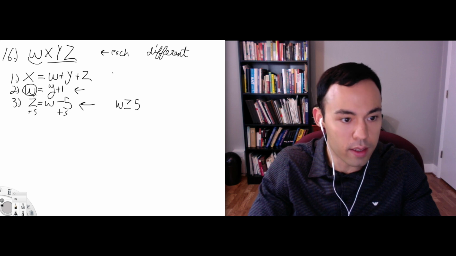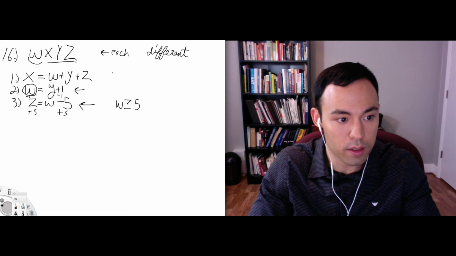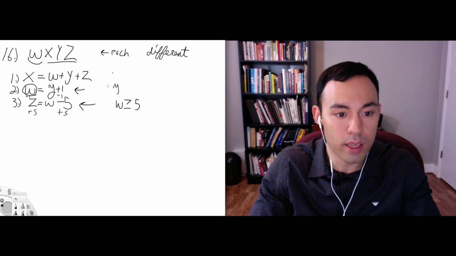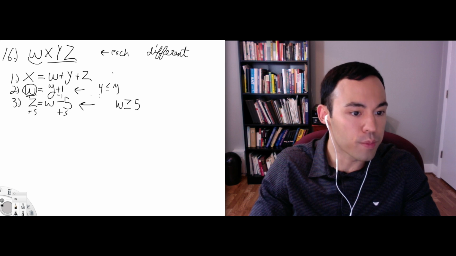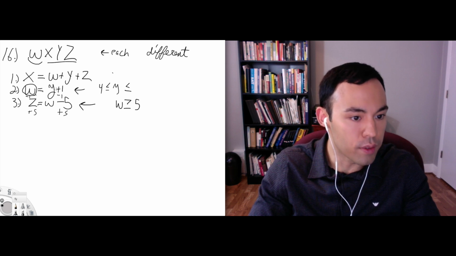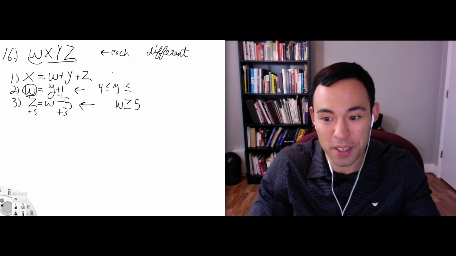If this thing is at least 5, we subtract 1 from it, then Y is going to be at least 4, right? Because 5 minus 1 is 4. And it can range all the way on up to, let's see, it can't become 9, because that would suddenly make W become 10, right?